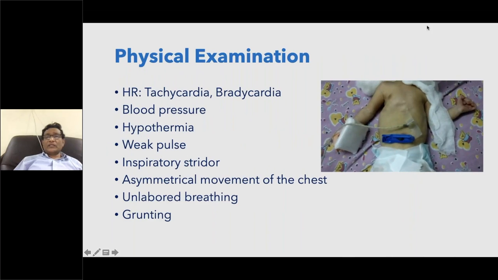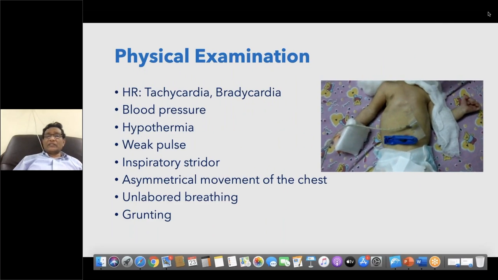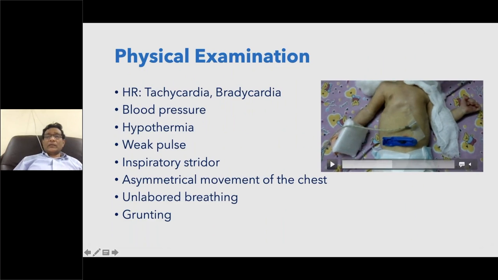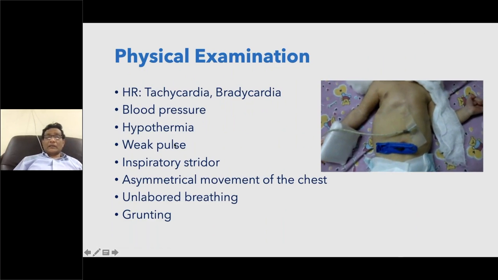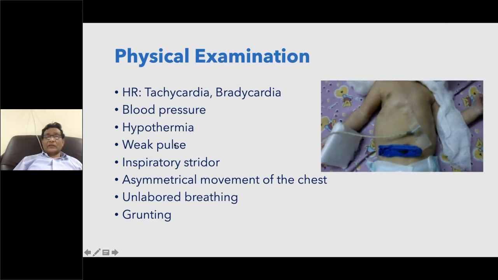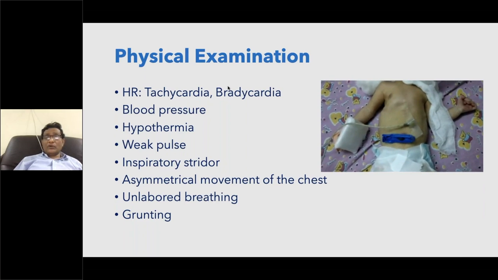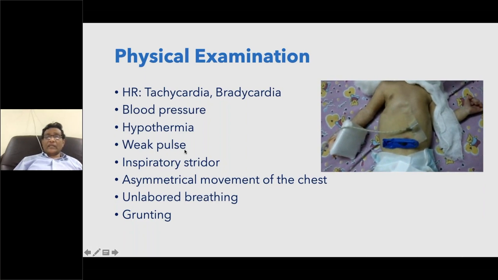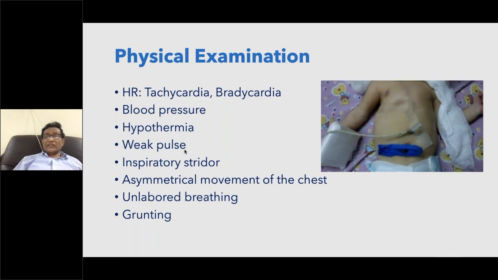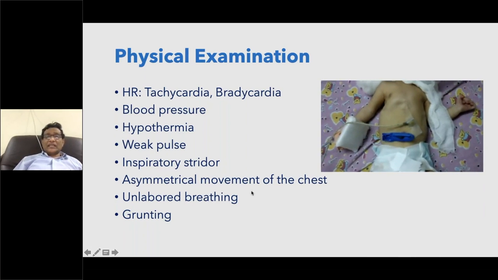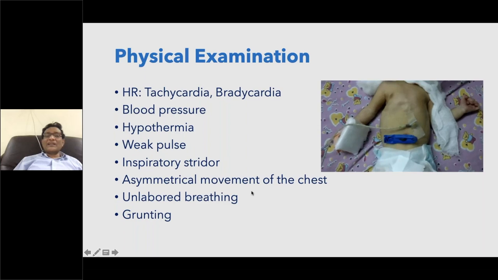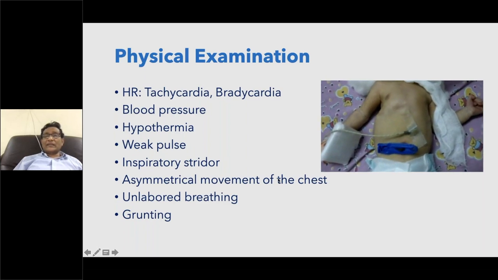Here you can see some examples. Baby will have tachypnea, sometimes bradycardia, blood pressure may be high or low, hypothermia, weak pulse in case of coarctation, inspiratory stridor, asymmetrical chest movement, unlabored breathing, and grunting.